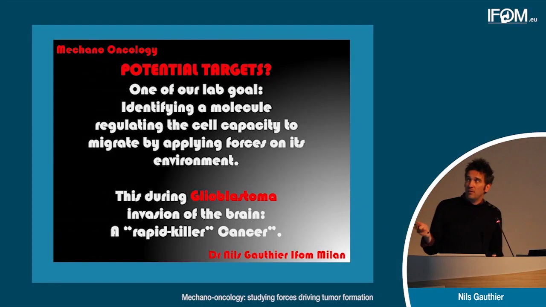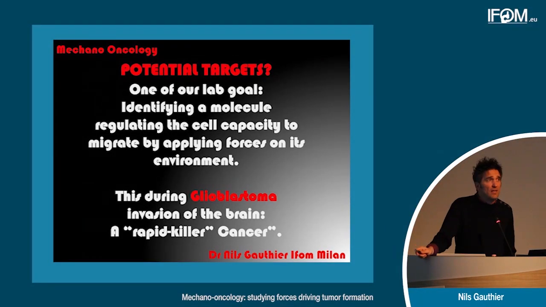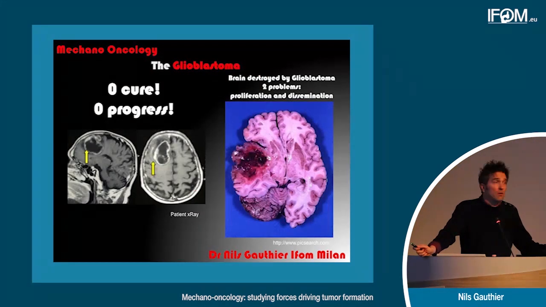The glioblastoma is a relatively rare cancer, but a very nasty one. It's a rapid killer. Basically, once you are diagnosed, you have like 10 to 14 months of life, and that's about it. And there is, so far, nothing to kill it. There is no cure, and there has been zero progress.